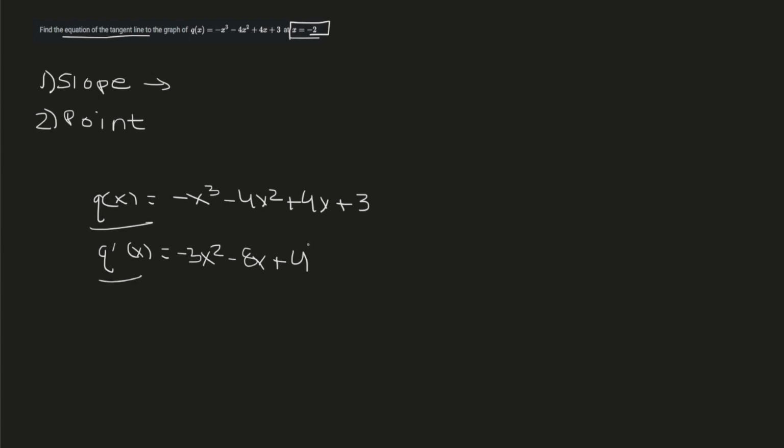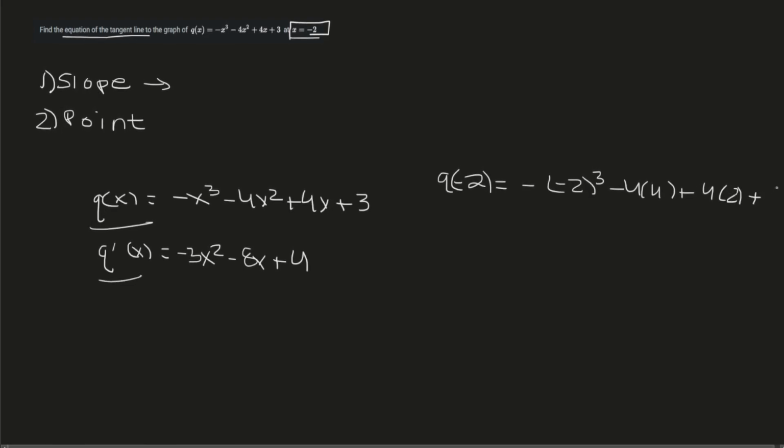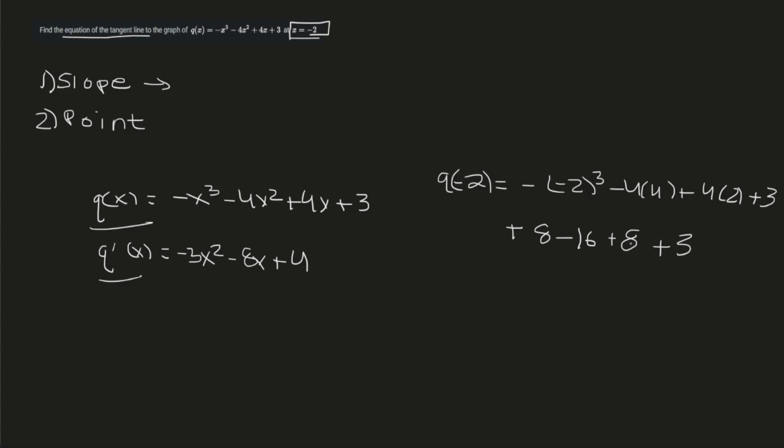We have our two formulas, we have the original and we have the derivative. All that needs to be done is plugging in the point. So we'll need to find q of negative 2. So negative 2 cubed minus 4 times 4, because 2 squared, plus 4 times 2 plus 3, which will give us negative 2 cubed is negative 8, so that'll become a positive 8 minus 16 plus 8 plus 3. 8 minus 16, negative 8 plus 8, that's 0.